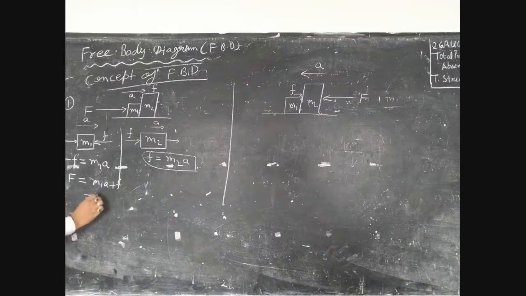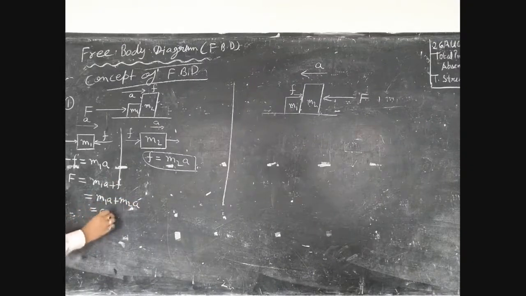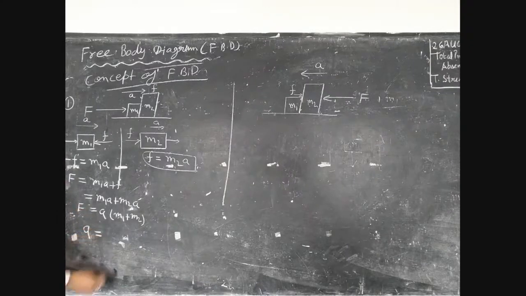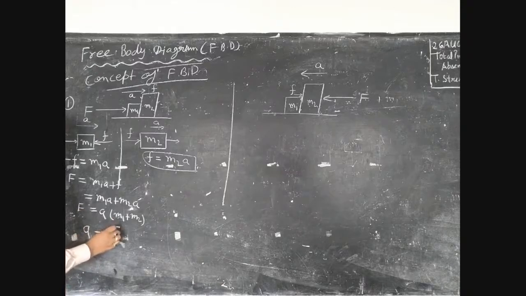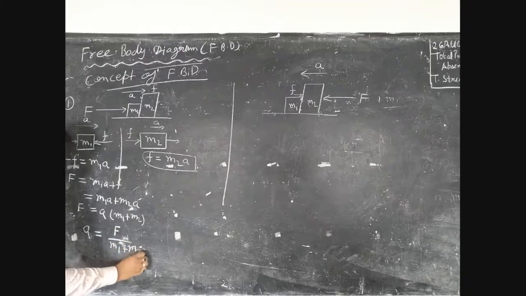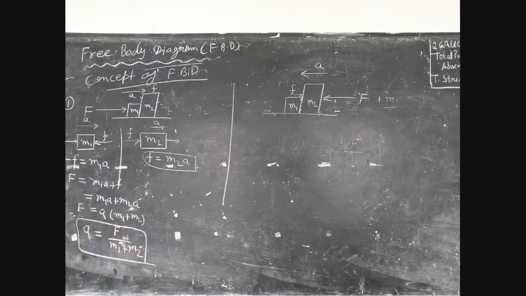So it is m1a plus m2a. Take a as common and you will get m1 plus m2. Always remember, in this kind of situation you need to first calculate the acceleration, how much acceleration there will be due to this application of force. So this acceleration is equal to F upon m1 plus m2. This much is the acceleration.